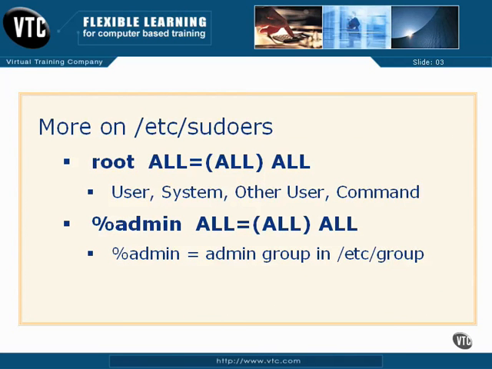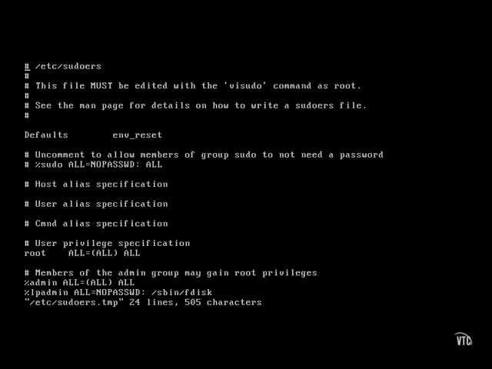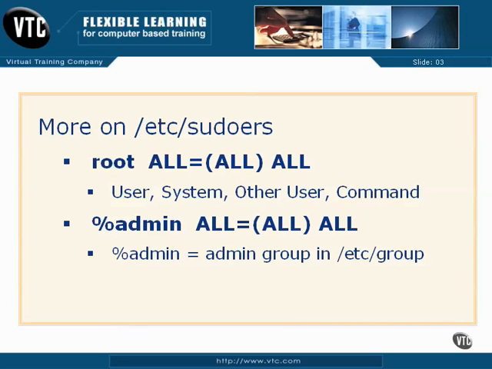It's run as any user, and you have privileges to all commands. So let's look at the next directive. The %admin refers to the admin group, not only in /etc/group, but also in /etc/gshadow. And you have access from all systems, as all users, to all administrative commands.